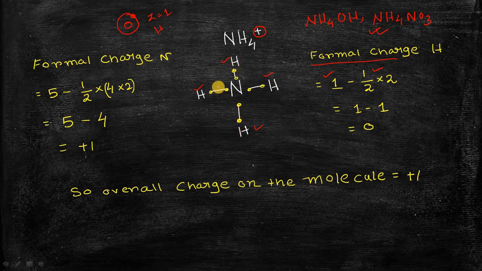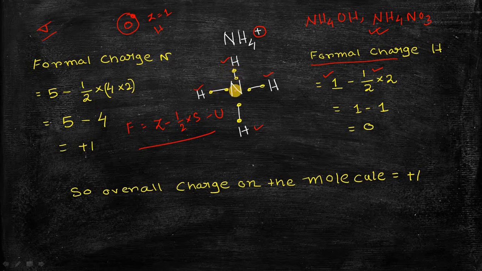Now we will see how you can calculate the formal charge for the nitrogen atom. A similar formula we will apply: formal charge is equal to the number of valence electrons minus half of the number of shared electrons minus unshared electrons. For nitrogen the number of valence electrons is 5, as nitrogen is a group 5 element. Nitrogen forms 4 nitrogen-hydrogen bonds, and in each bond the number of participating electrons is 2.